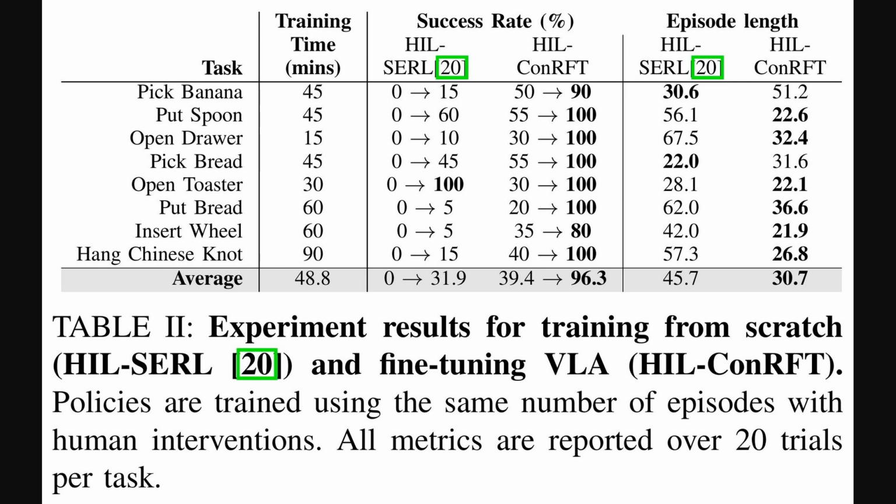HIL-ConRFT hits 96.3%, while HIL-SERL only manages 31.9%. And ConRFT is faster too, averaging 30.7 steps per task, compared to 45.7. Well, this strongly suggests that starting with that pre-trained VLA and using ConRFT is way more effective than trying to learn these complex tasks from zero.